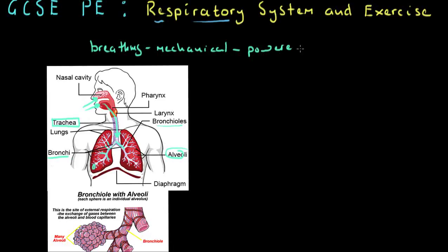All that happens really is that our chest cavity, we sometimes call it our thoracic cavity, this kind of cavity around here, just gets bigger and smaller, and as it gets bigger, the area inside the chest cavity gets larger and the pressure goes down, so air rushes in, and that's called breathing in or inspiring. And when the chest cavity lowers and gets smaller, it kind of squeezes the air out, and that's expiring or breathing out. And we achieve that by the contraction and relaxation of certain muscles.